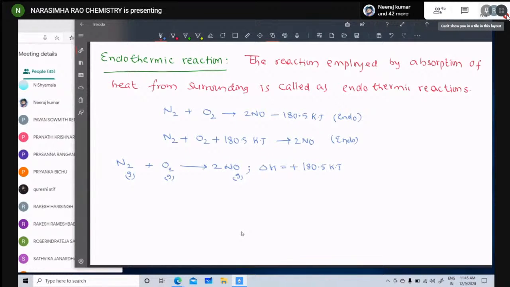It's clear now, children? Yes, this is also the endothermic reaction representation in terms of a thermochemical equation. We were discussing this already. I told you how to write the thermochemical reaction. I explained now, Banu.